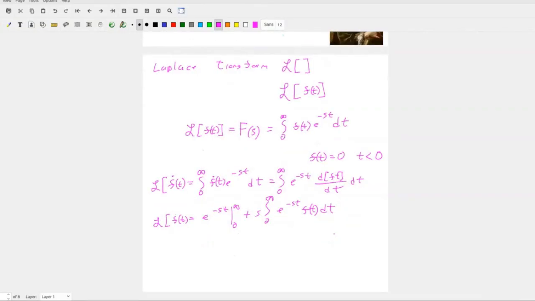All right, so this term here, the integral from 0 to infinity of e to the negative st f of t dt, is just this input here. So that's my, we'll make that an arrow. It's just going to equal F of s.